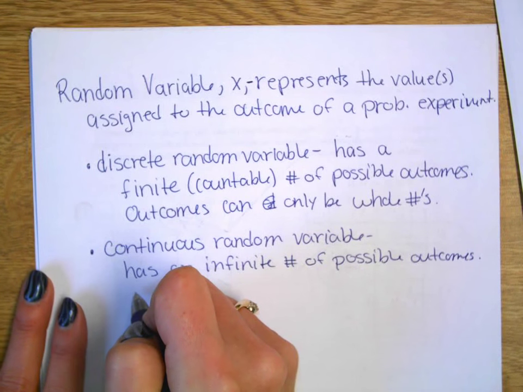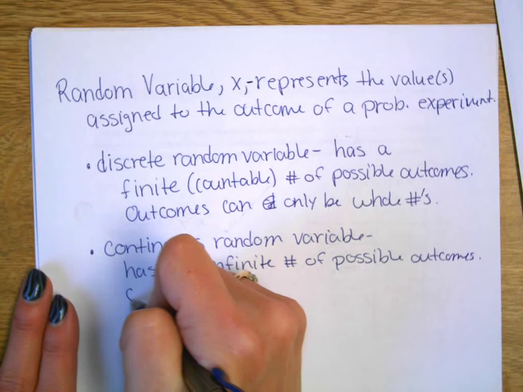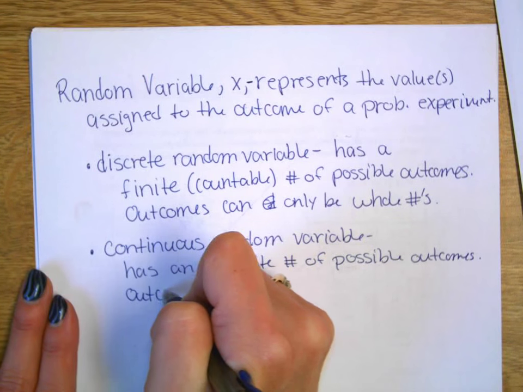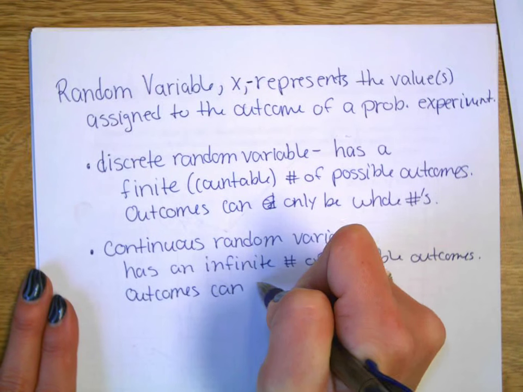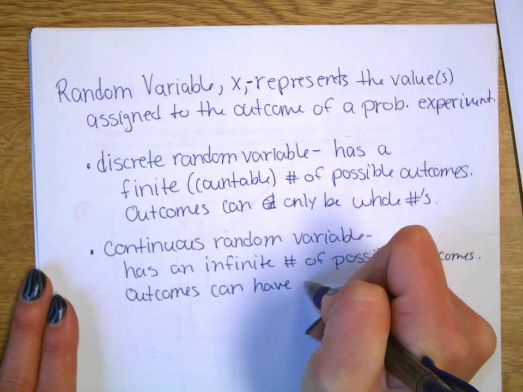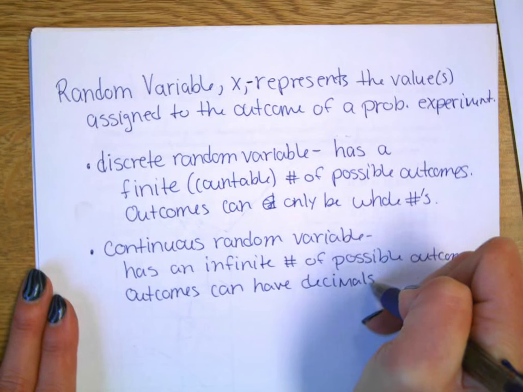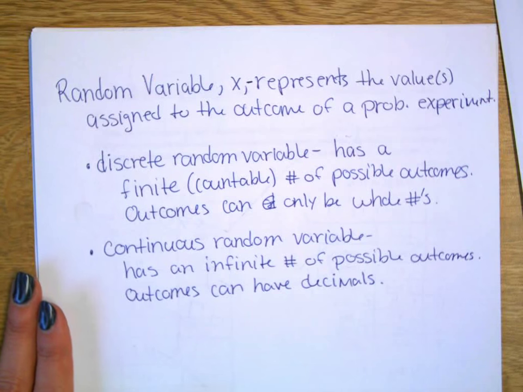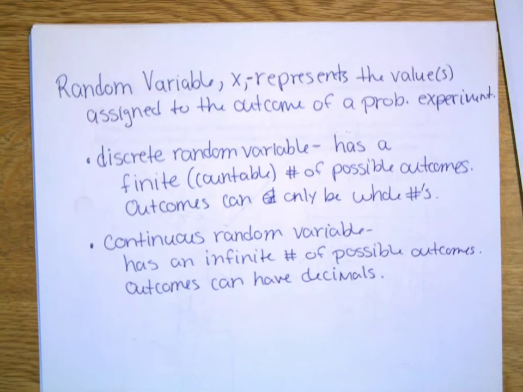Here your outcomes don't have to be whole numbers. You can get fractions and decimals. Outcomes can have decimals. So let's get that down.